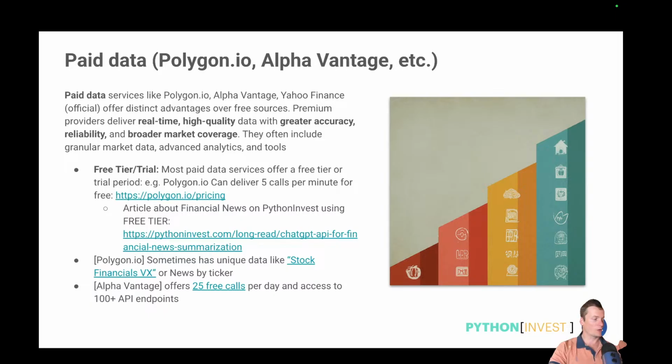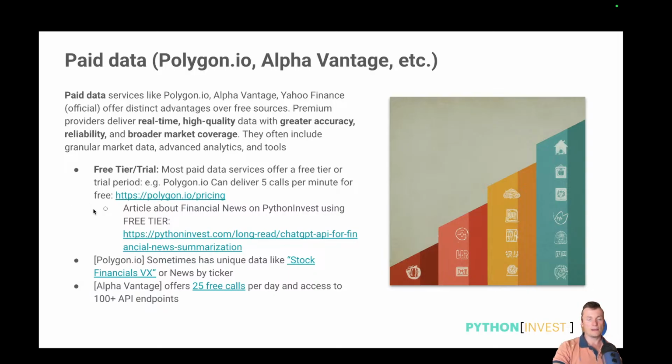We won't focus today on the paid data. If you want to have some news data, you have to use some paid data providers or the free tier on those paid data providers.